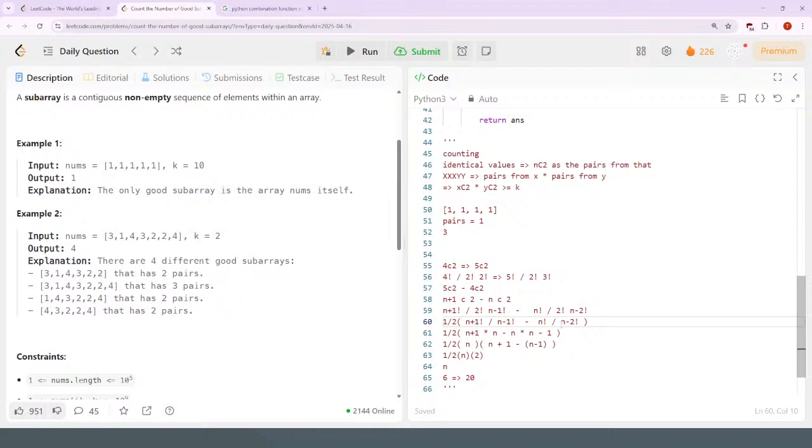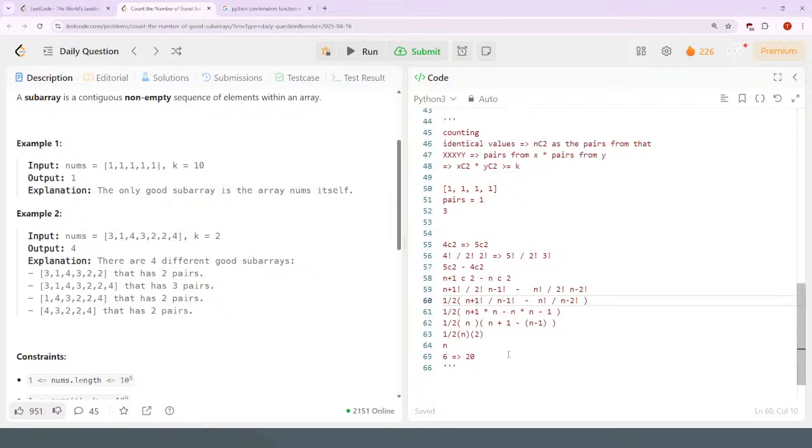And then you can factor out n from both terms. So it'll be n plus 1 minus n minus 1. That should cancel.